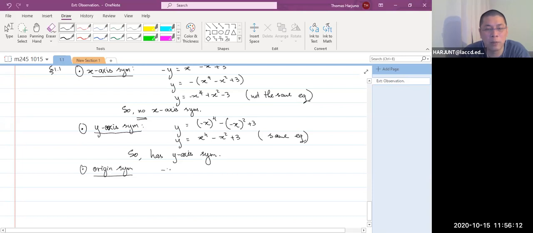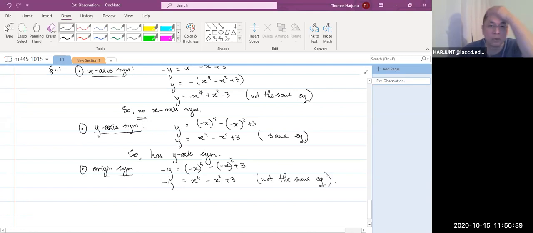Replace y by negative y, and at the same time replace x by negative x, and see if it simplifies back to the original equation, which I don't think it does. It's not the same equation. So no origin symmetry.